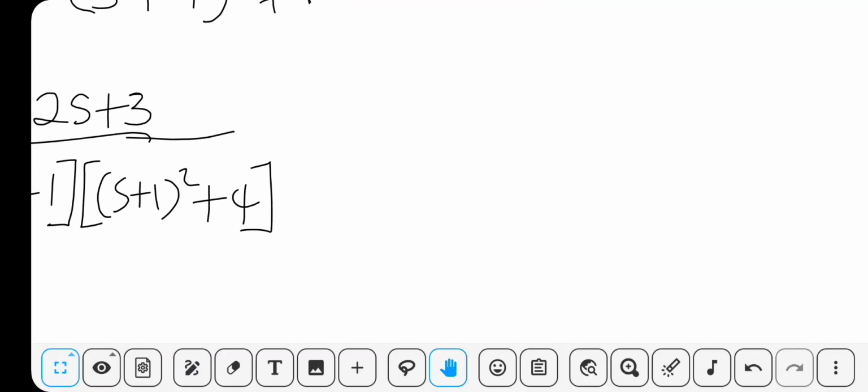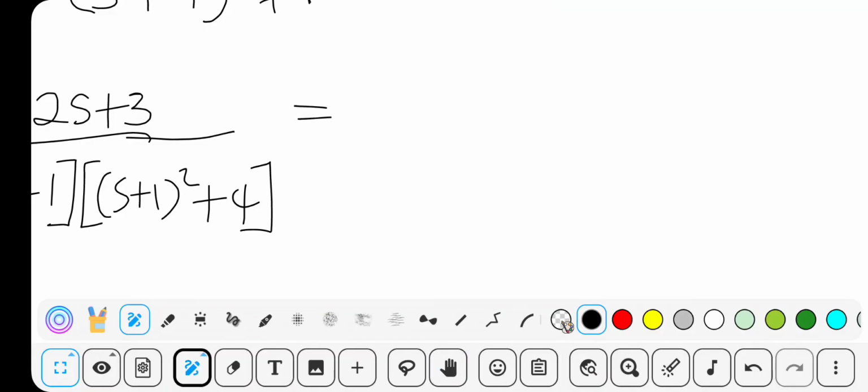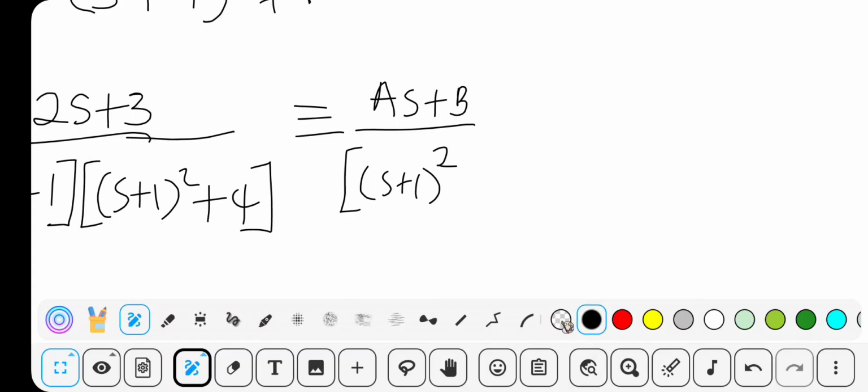So this is identical to as plus b over s plus 1 squared plus 1.